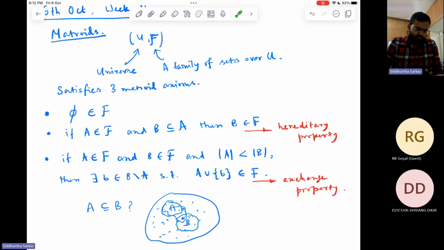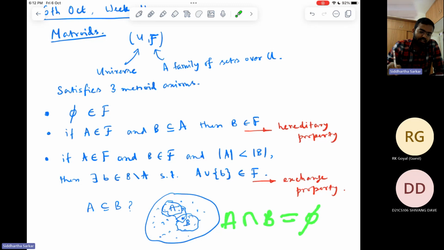Let me give it a thought. I don't think that is going to be true. A is separately part of the family, B is separately part of the family, and A and B have no intersection, so that A intersection B is empty.